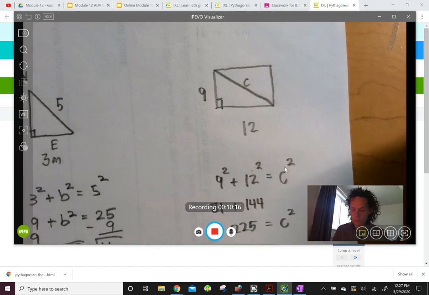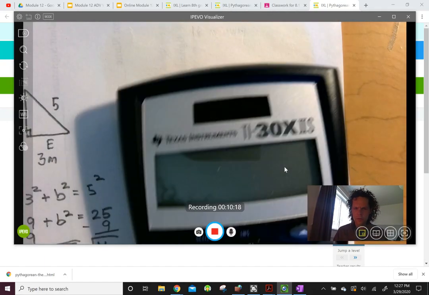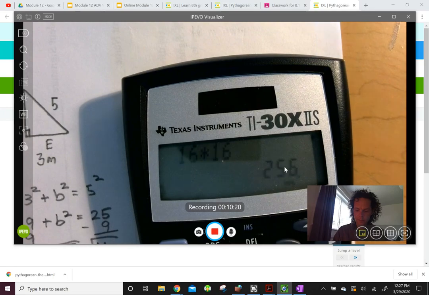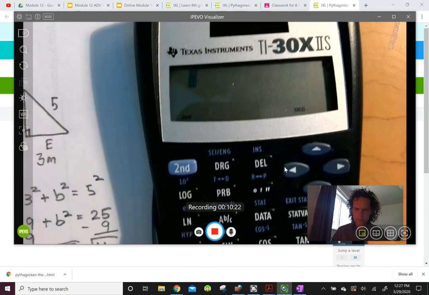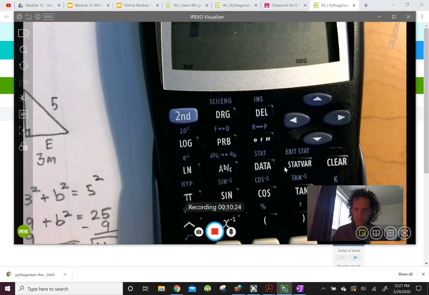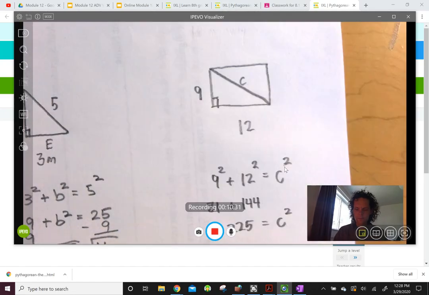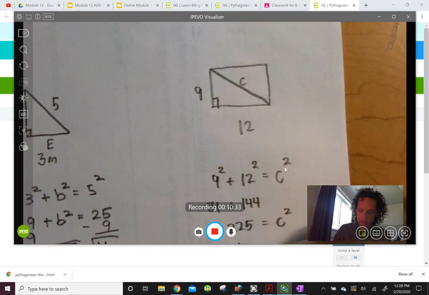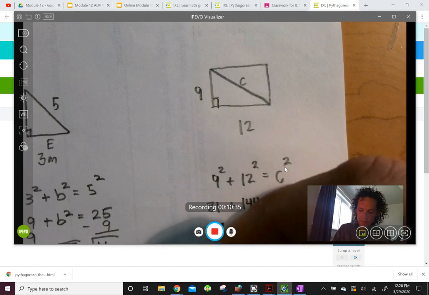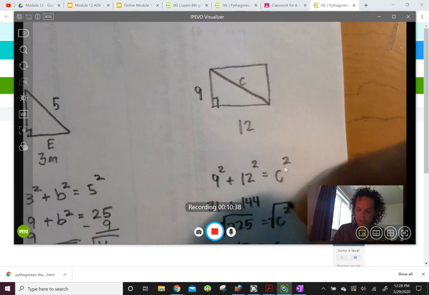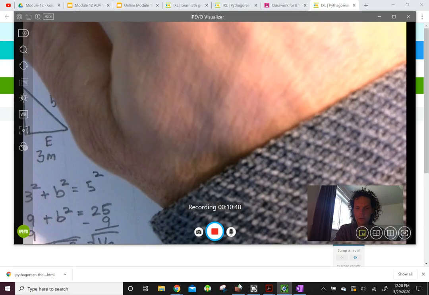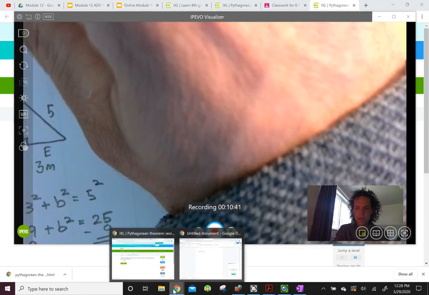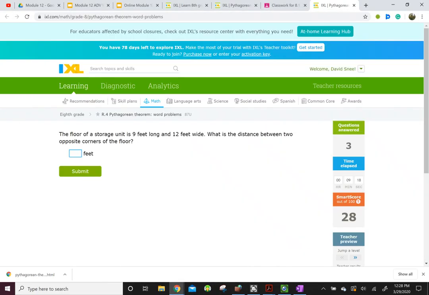I know the square root of 225 equals 15. So 15 equals C if I take the square root of both sides there. Okay, so we're going to go back here. We're going to put 15 in there.